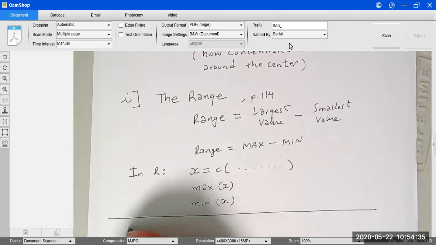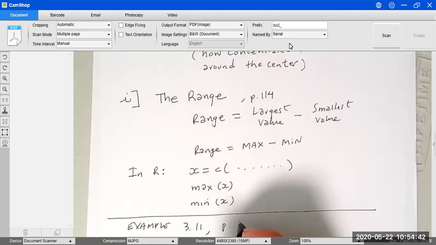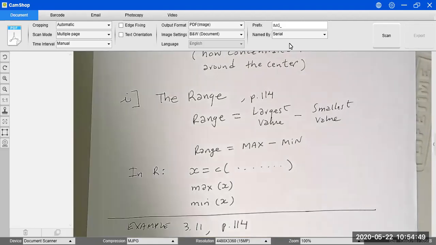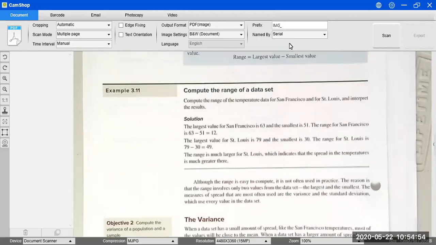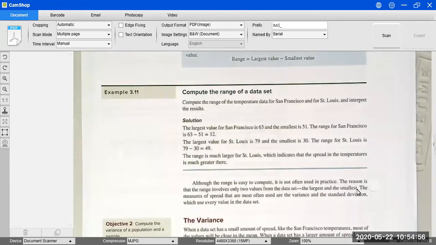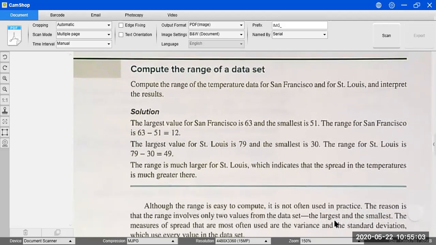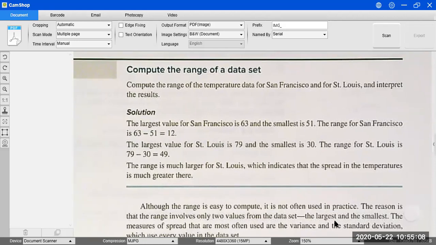So we're going to solve a problem to find the range. This example is on page 114, example 3.11. The problem is the following. We're going to compute the range of the temperature data for San Francisco and St. Louis, and interpret the results.